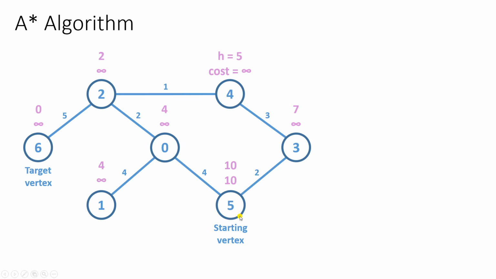One more thing: our other vertices' costs are currently set to infinity. Although we know their heuristic function values, we don't know what edges we will take to get to them, and therefore we still don't know their total cost. Anyways, the edge weights are indicated above each edge.